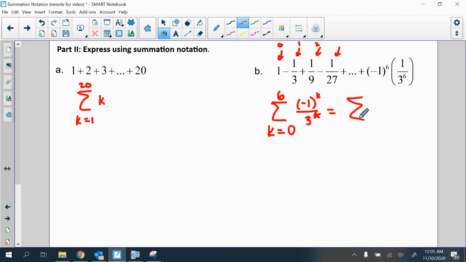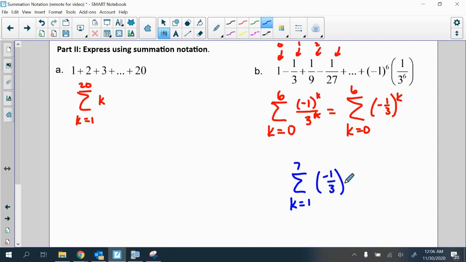I could also write it, since both the numerator and denominator have the same power, I could write negative 1/3 to the k, and that would work out okay also. Now, is it all right if I write the sum from k equals 1 to 7 of negative 1/3 to the k minus 1?